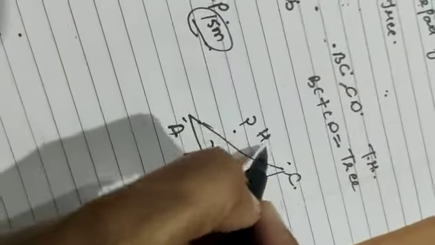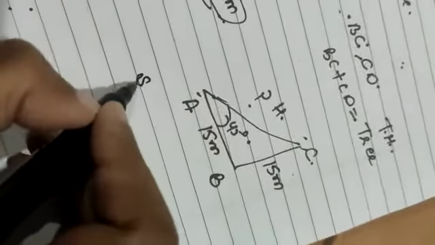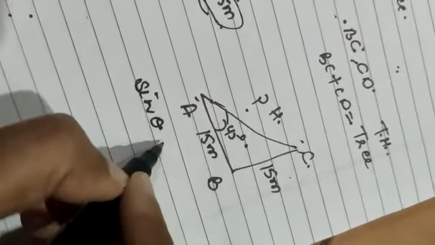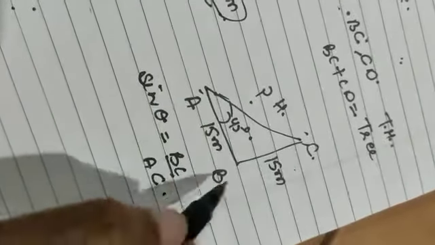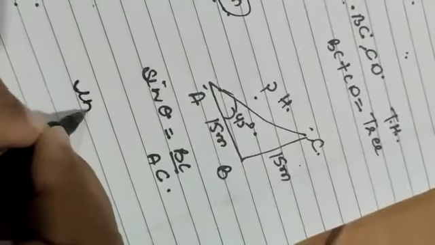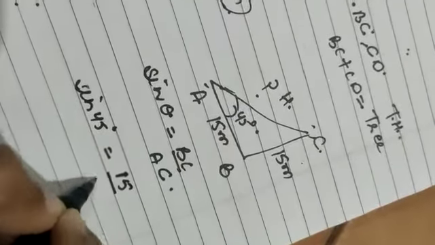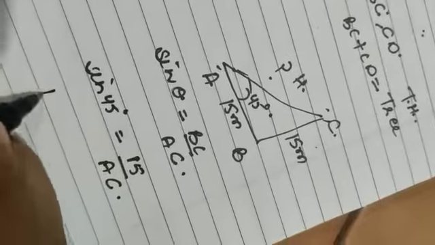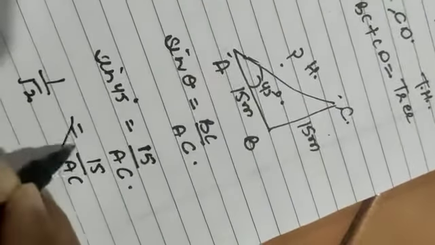So we can find the hypotenuse by using sine theta as well as cos theta. Sine theta is perpendicular upon hypotenuse. So sine 45 is equal to 15 upon AC. Sine 45 is 1 upon under root 2, so 1 upon under root 2 equals 15 upon AC.